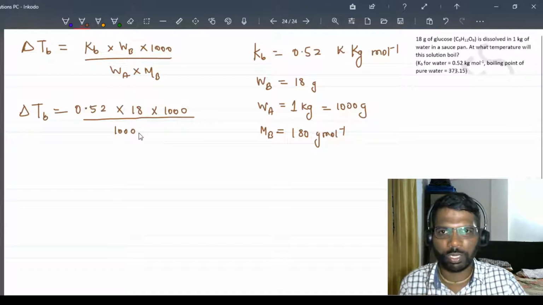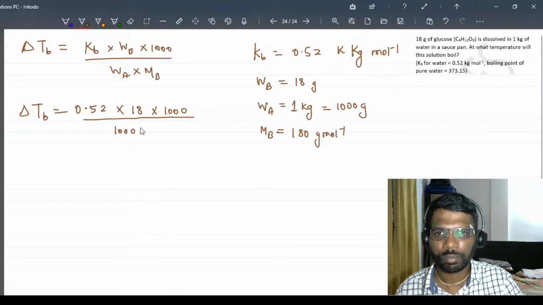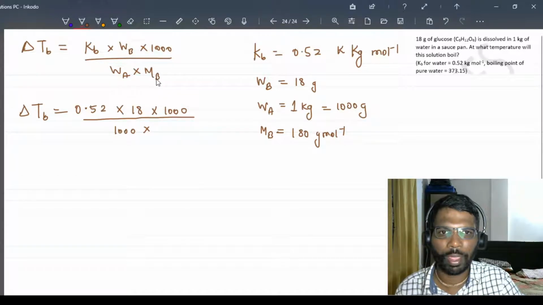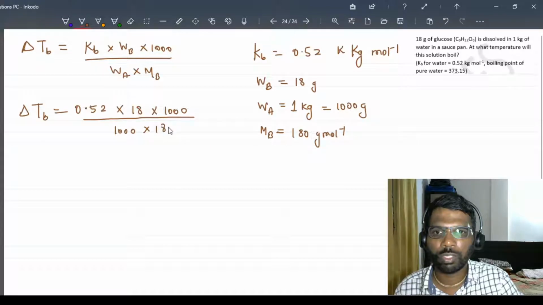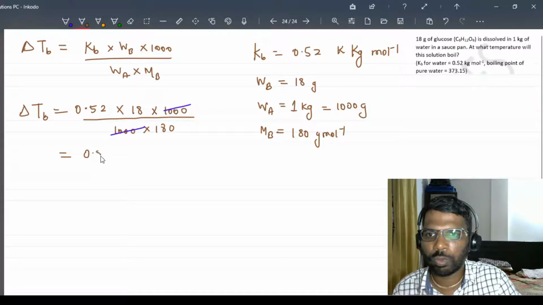Okay, let us solve this. Since I have converted this to gram, it is in kg. So what will be the MB? MB is the molar mass of the solute, that is 180 grams per mole. Directly, you can see that this and this will get cancelled, and what will remain is 0.52 into 18 upon 180.